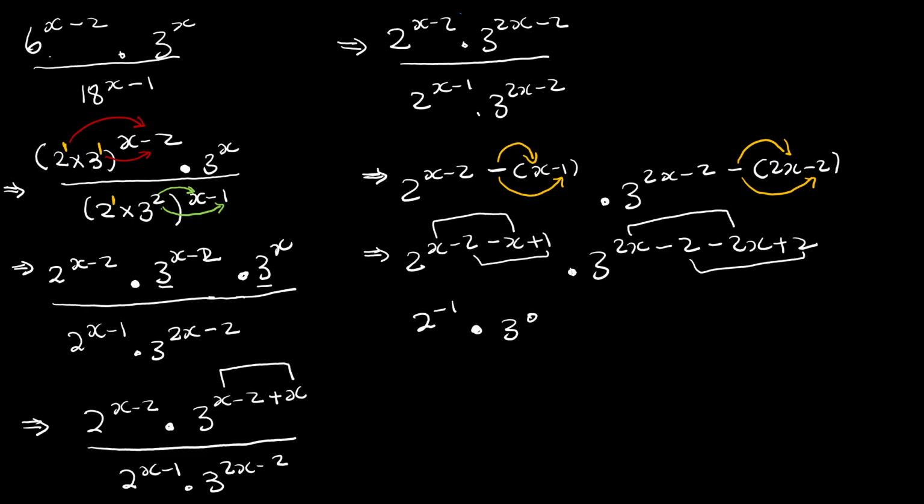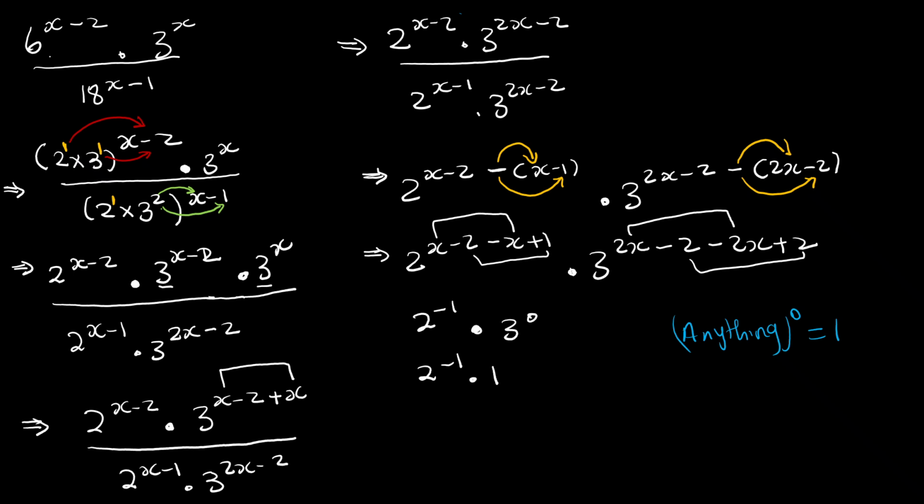Let's write this down, just in case someone just joined the lesson now and didn't start with us on lesson 1. Anything to the power 0 is 1. So what I'm trying to say is that the 3 to the power 0 will be 1. This will be 2 to the minus 1 times 1.